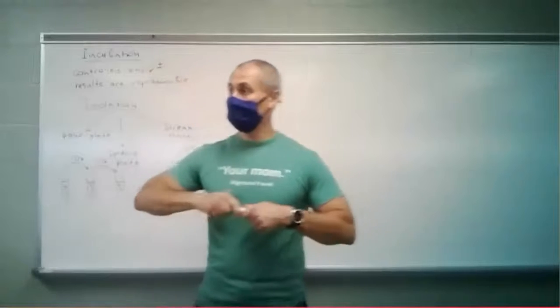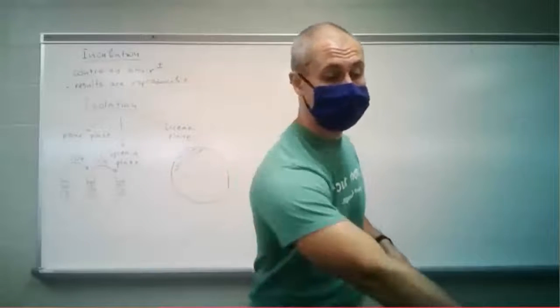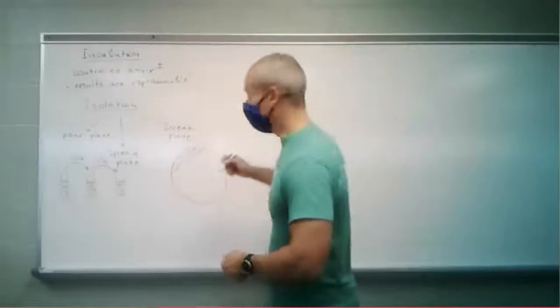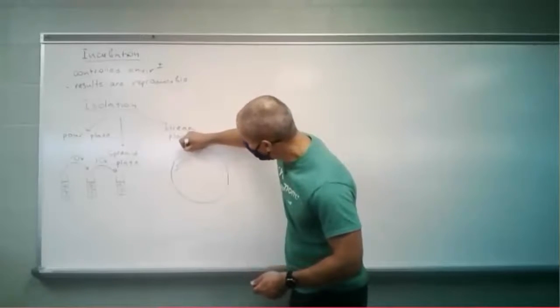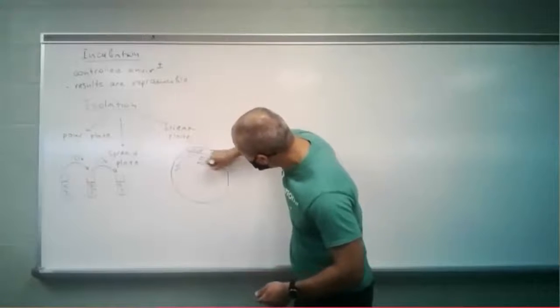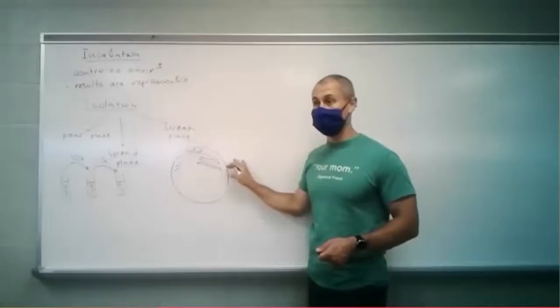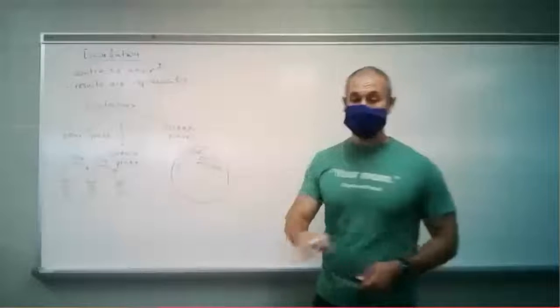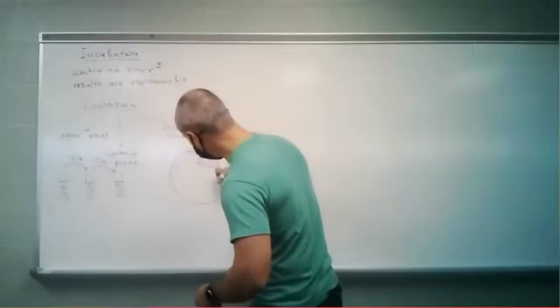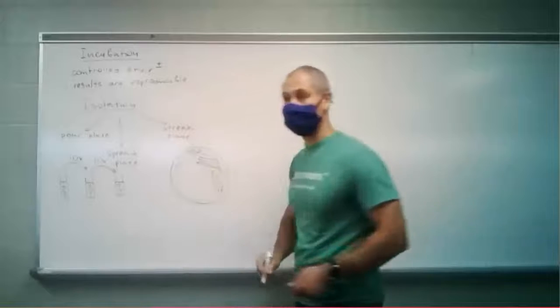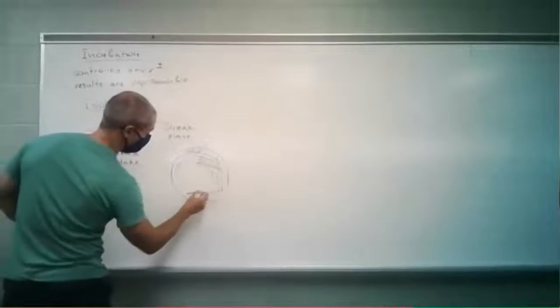You just sterilize your wire loop over the flame. Now look, you pick a little bit from that first streak and spread it across the clean section. And then you sterilize the loop again, pick a little bit from here and spread it across the clean section. And then sterilize the loop again and spread it across the clean section.